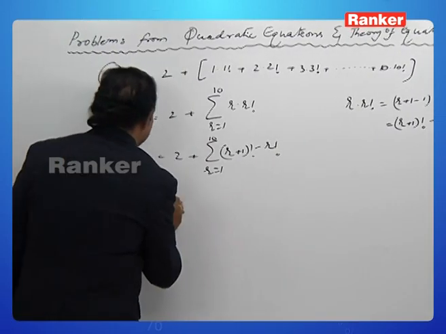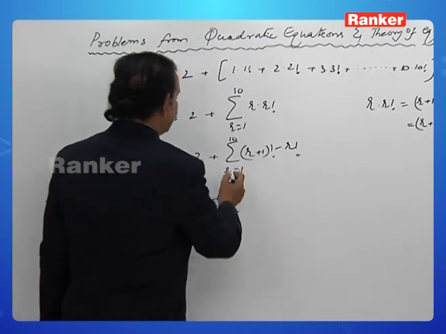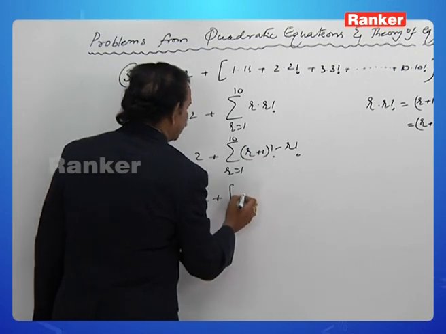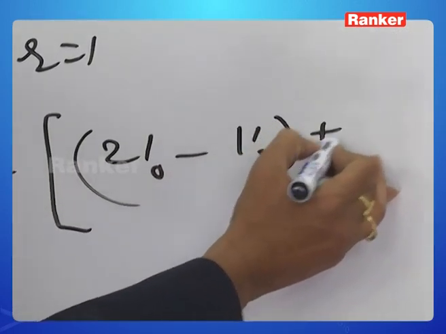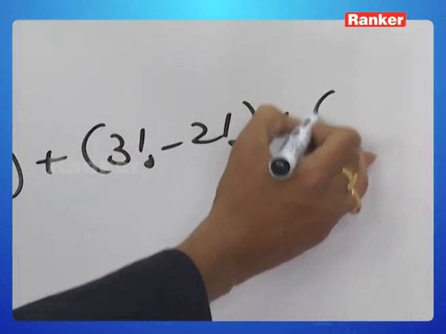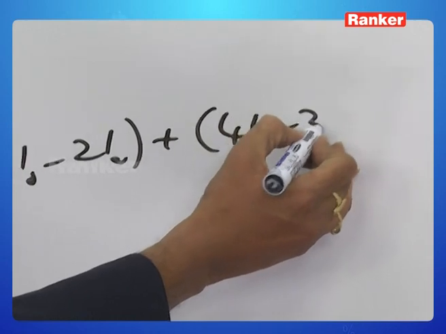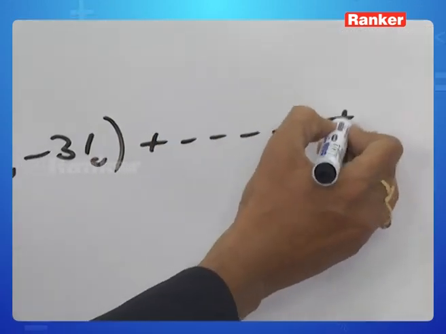Let us expand this. 2 plus, if r is 1, what happens? 1 plus 1, 2 factorial minus 1 factorial. Next, 3 factorial minus 2 factorial. Next, 4 factorial minus 3 factorial. Next, 5 factorial minus 4 factorial.